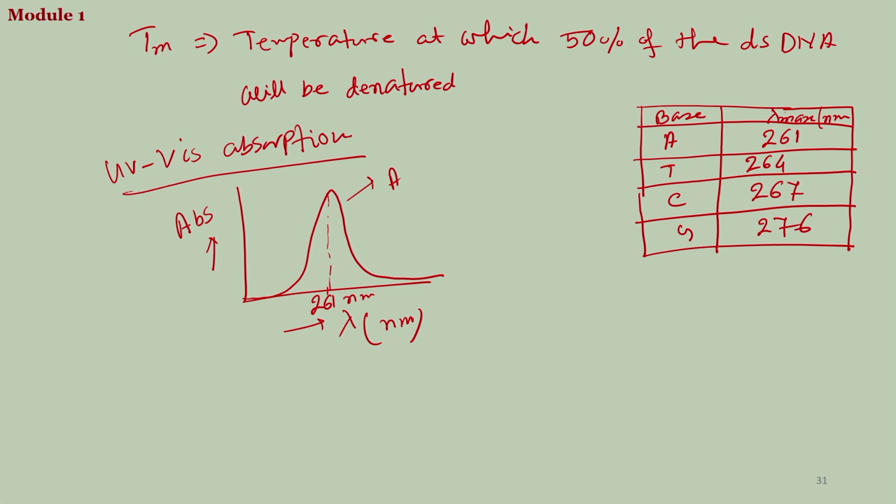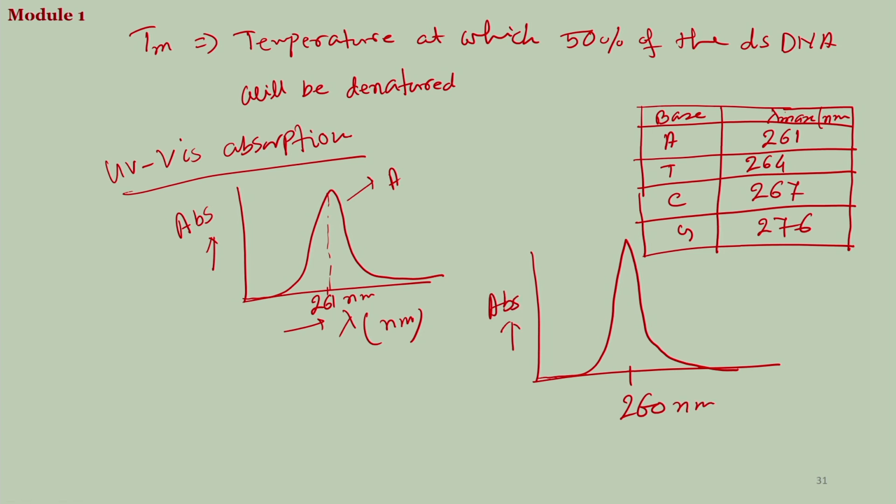So, they are more or less close, and on average we consider that if you take the absorption of DNA, you will see a sharp peak or lambda max at around 260 nanometer. So, 260 nanometer is kind of a characteristic peak of DNA, and that has the absorption maximum for the whole DNA. That is taking the average of all the sequences.